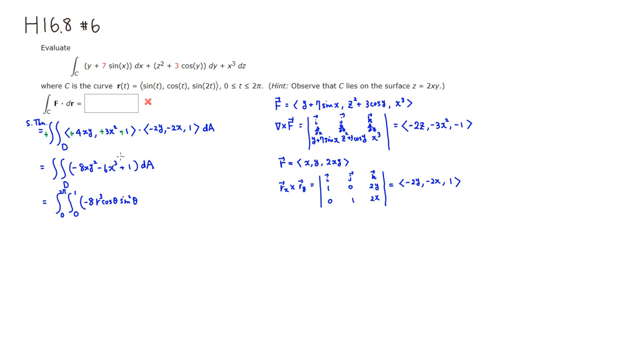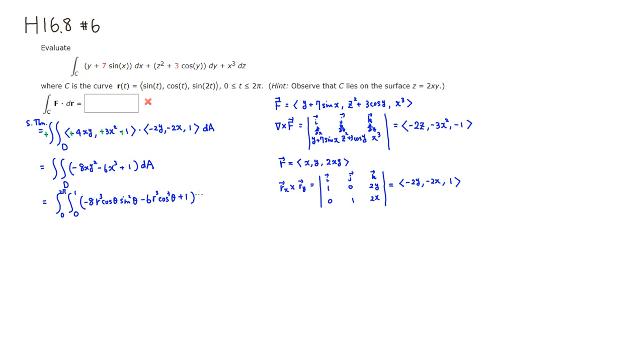Then here would be minus 6, then we have an r cubed, and then you have a cosine cubed of theta. And then we have a plus 1.